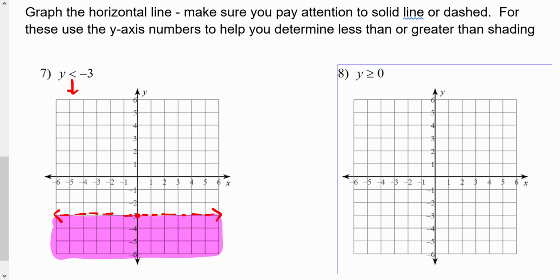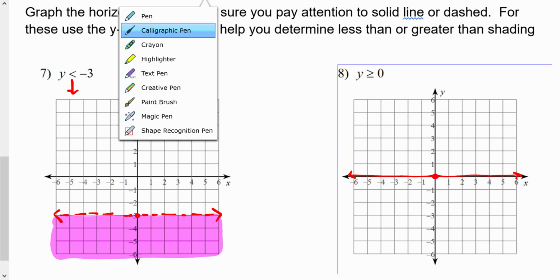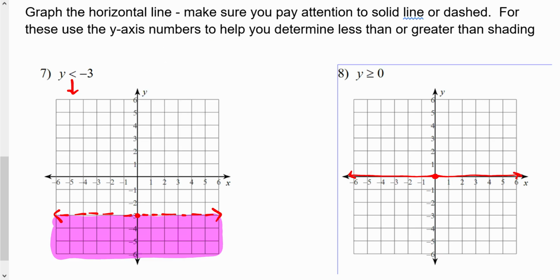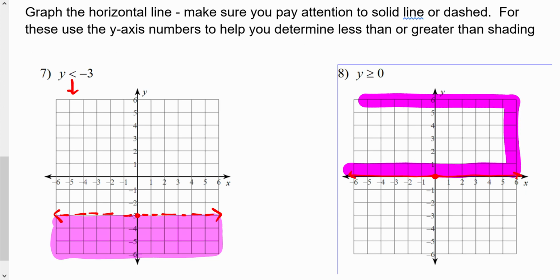Let's go to the very last one. Y is greater than or equal to 0. Because it's got the equal to part on there, we actually get to use a solid line for a change. So there we go. And it actually becomes the x-axis. That occasionally happens. And because it is greater than, we want to shade everything above.